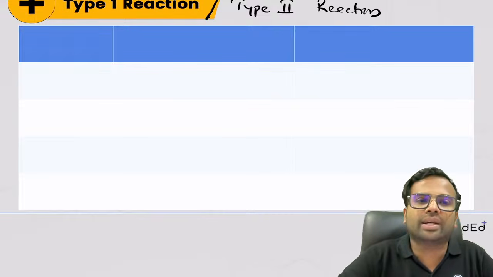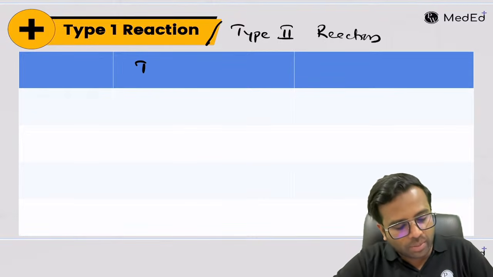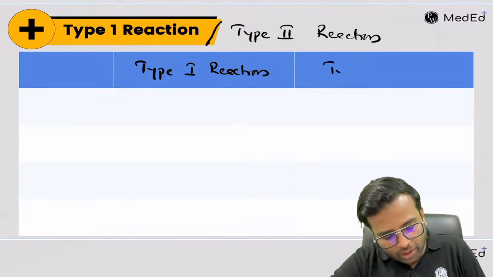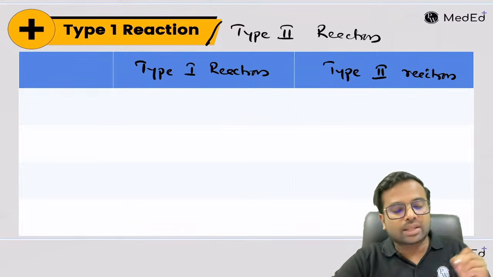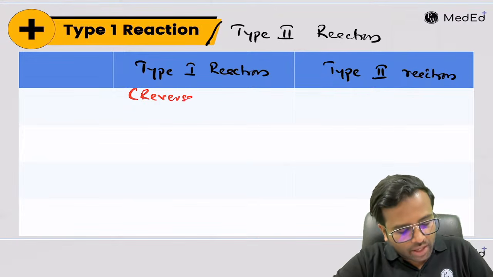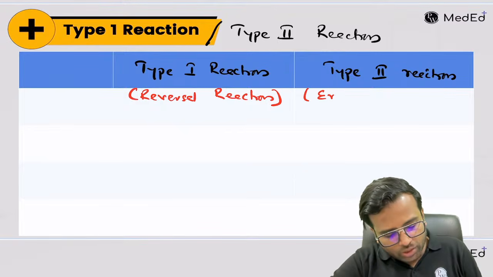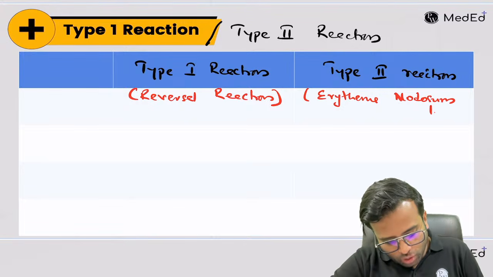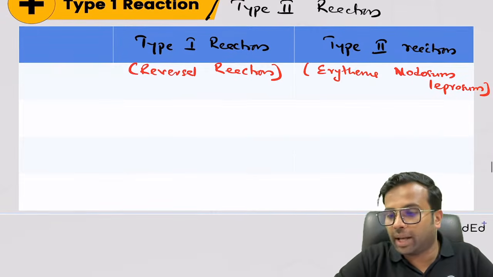Whenever there is a chance to compare, let us always compare using tables. So here please write down type 1 reaction, and here you can write down type 2 reaction. This type 1 reaction is also called reversal reaction, and type 2 reaction is also called erythema nodosum leprosum.